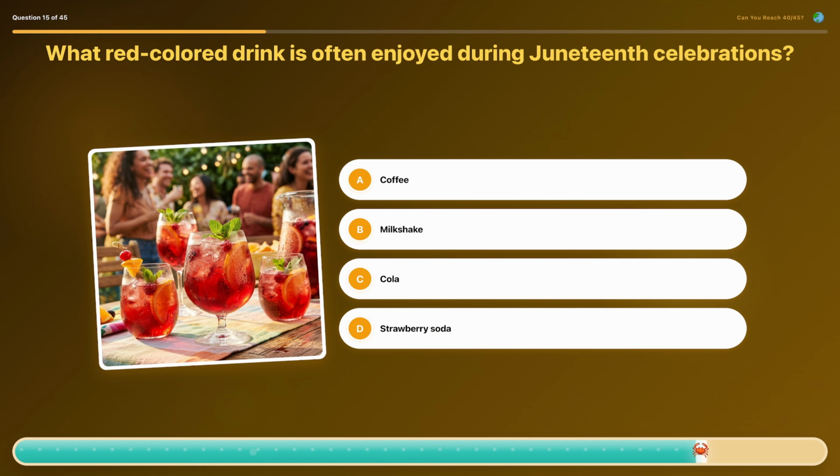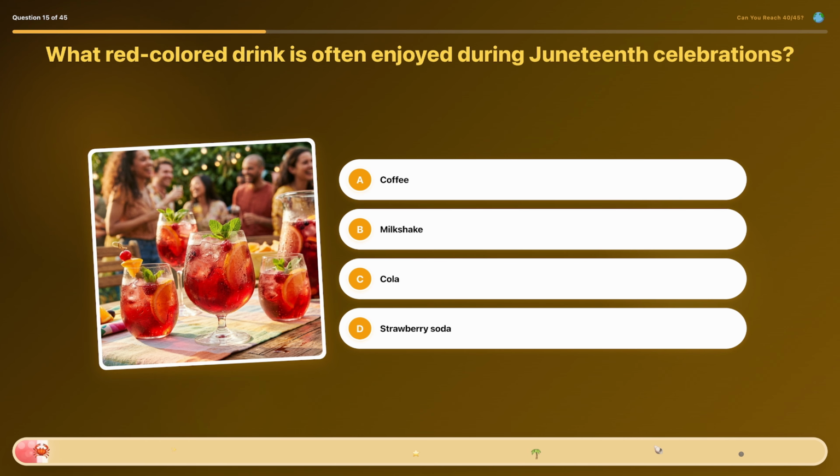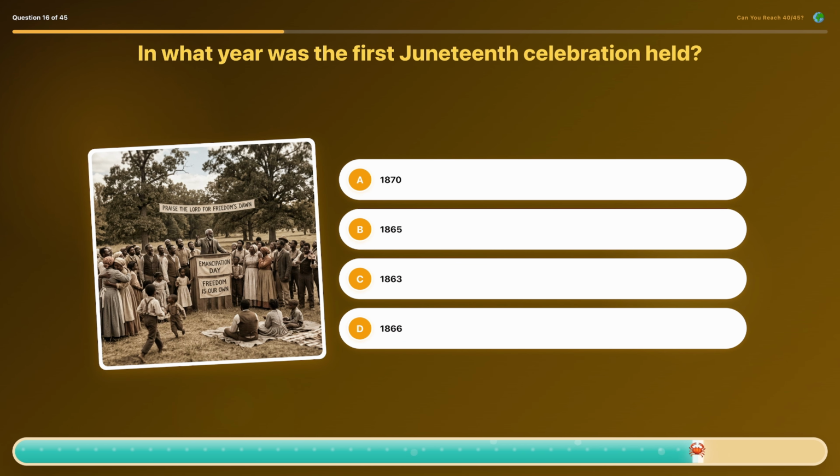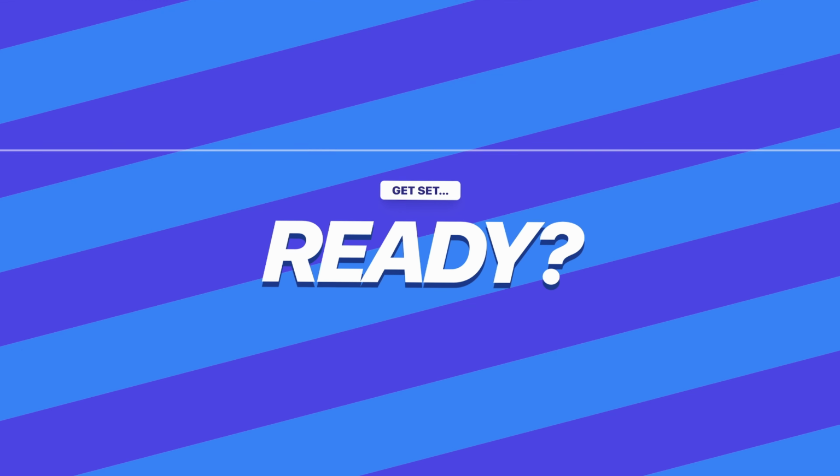What red-colored drink is often enjoyed during Juneteenth celebrations? Strawberry soda. In what year was the first Juneteenth celebration held? 1866.